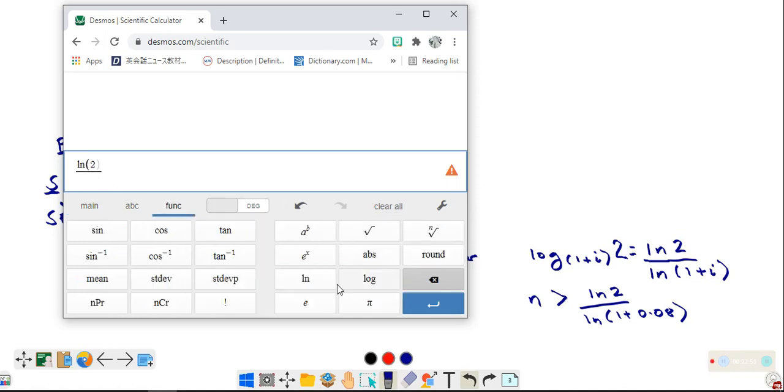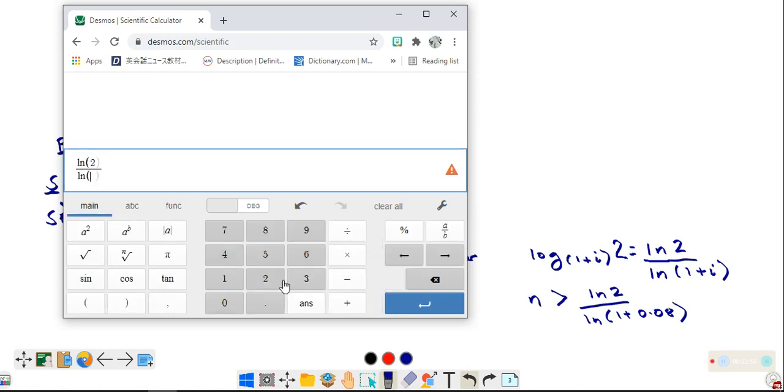Next, sa denominator, lagay natin si ln 1 plus 0.08. Okay. So, kung ang interest rate mo daw ay 8%, mag-iintay ka ng at least 9 years bago magdoble yung principal mo kung nagko-compound siya annually.